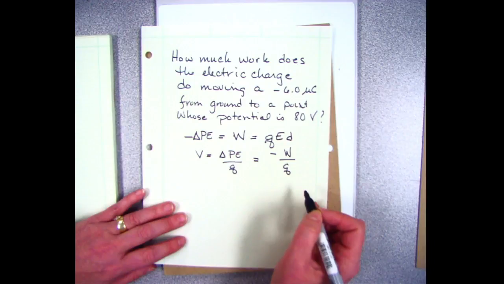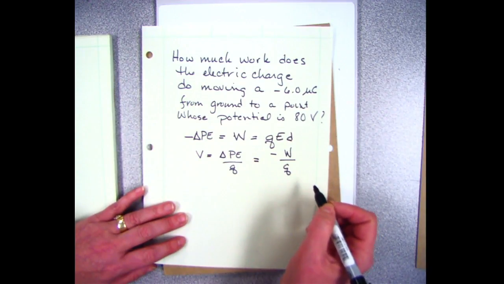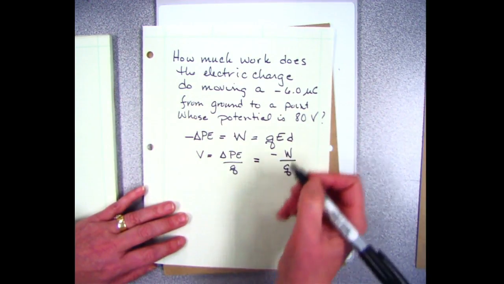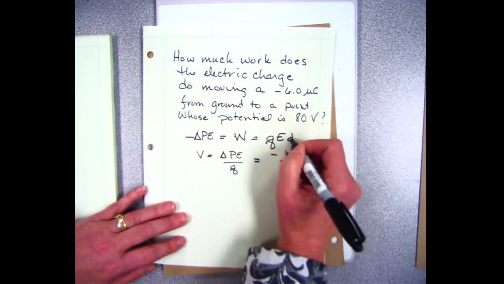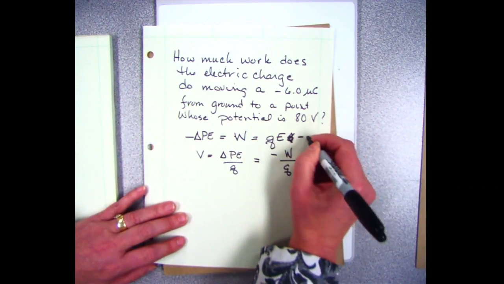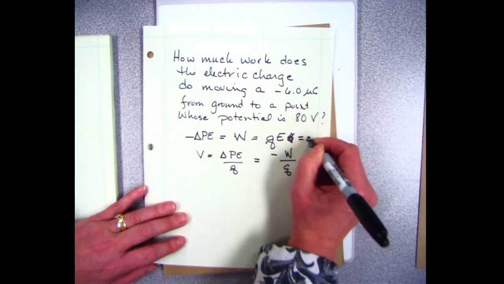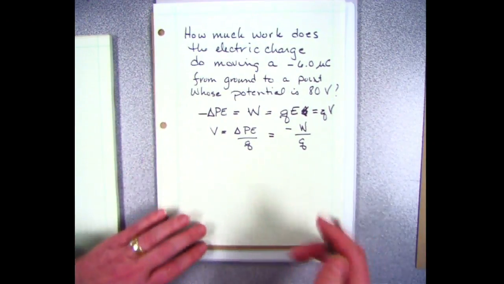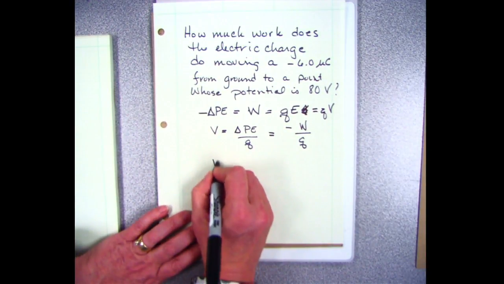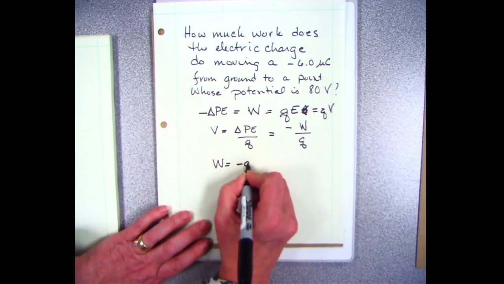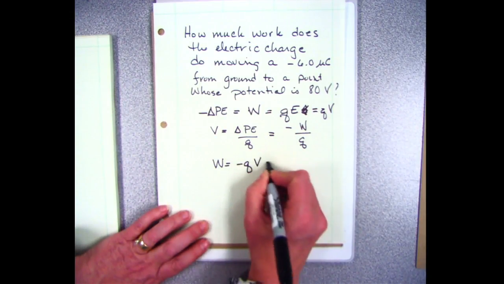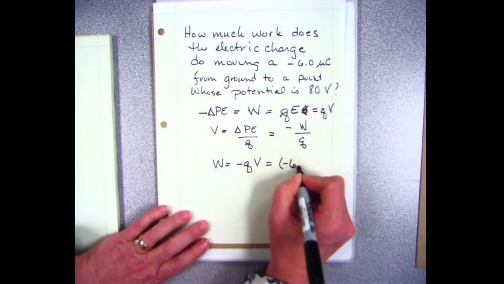I've got something funky, I don't think that goes there. This ends up being minus Q times my potential. So my work is equal to minus Q times my potential. I get minus 6.0 times 10 to the minus 6 coulombs times my potential, which is 80 volts.